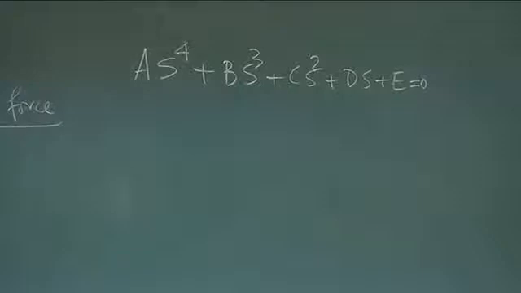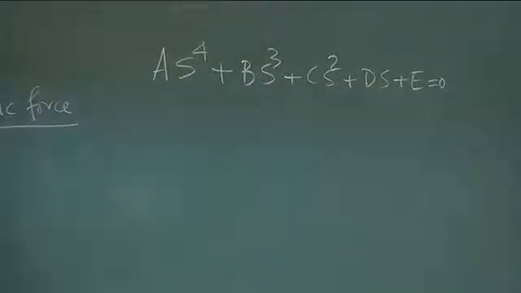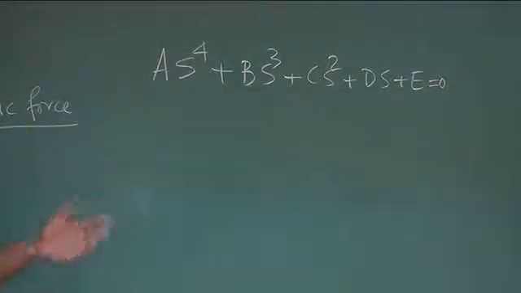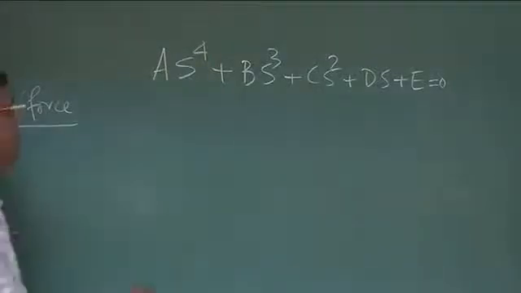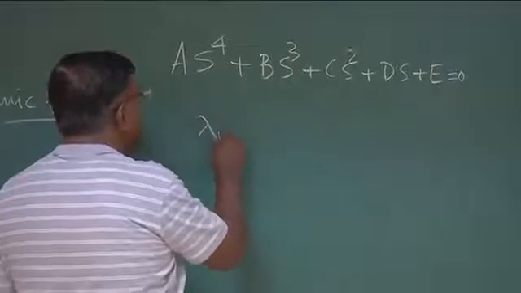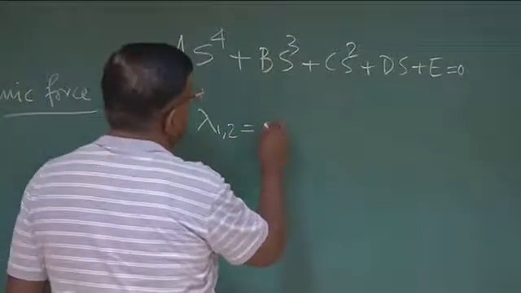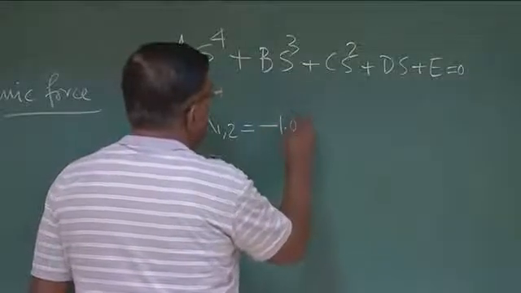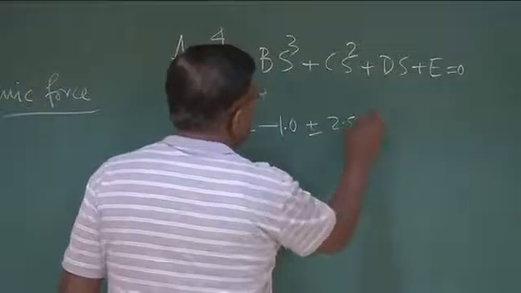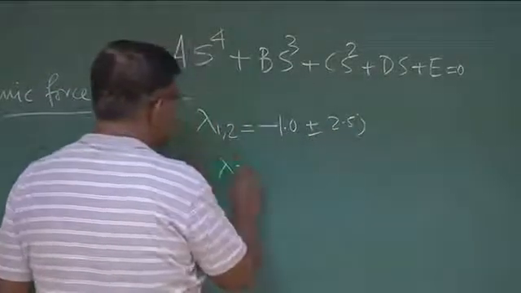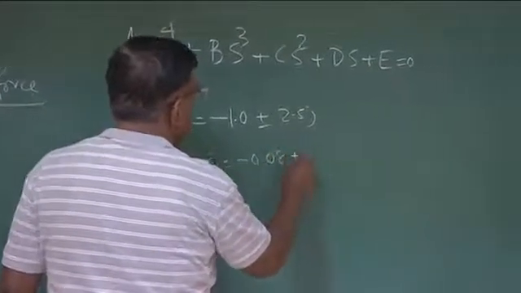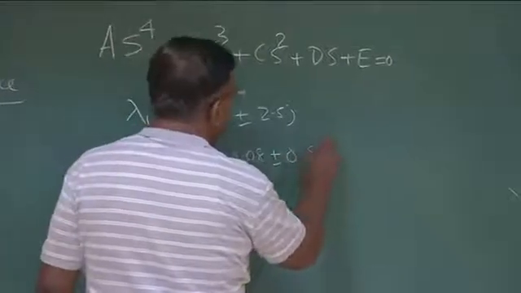And numerically, you can find the solution for this equation, and you realize that for most of the airplane, when I solve this equation for longitudinal perturbed equations of motion, we get roots, let's say lambda 1, lambda 2, as typically, let's say, minus 1.0 plus minus 2.5 j, lambda 3, 4, let's say minus 0.08 plus minus 0.5 j.